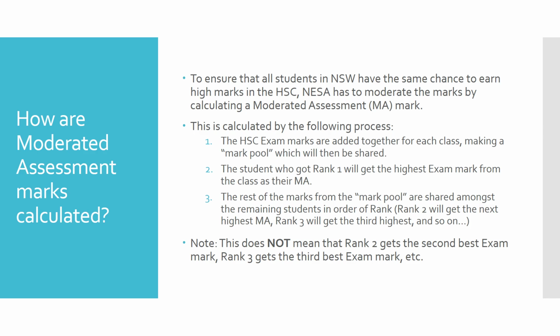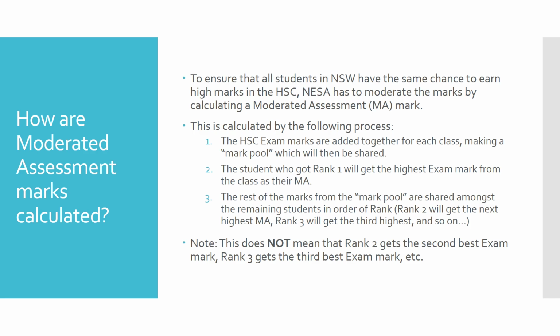Whoever's rank 2 will get the next most points for their moderated assessment mark, rank 3, and so forth. They make sure that the amount of marks in the HSC exam marks equals the amount of marks in the moderated assessment marks. I have an example coming up which might make this easier to understand, but that's how it works.